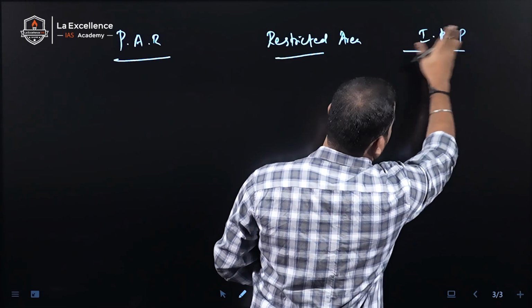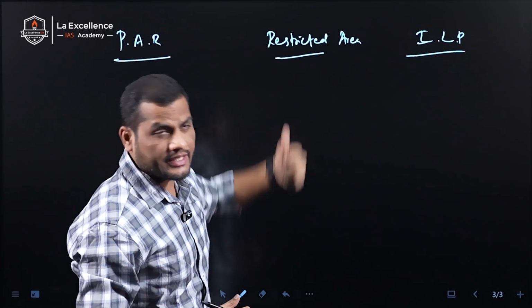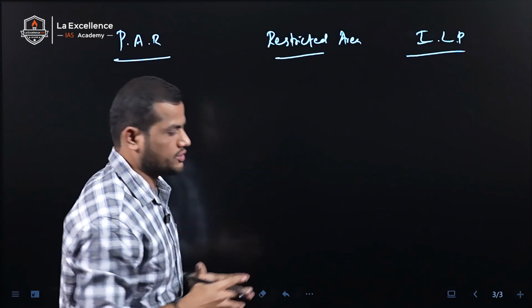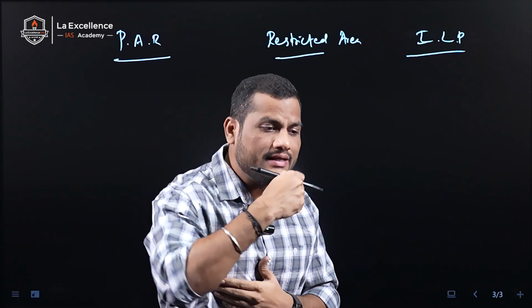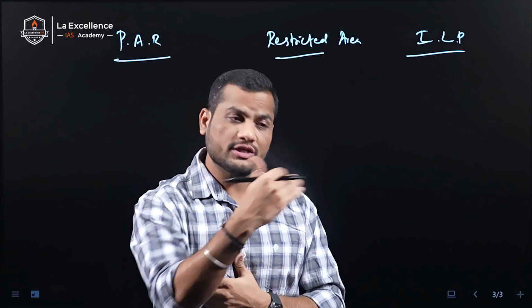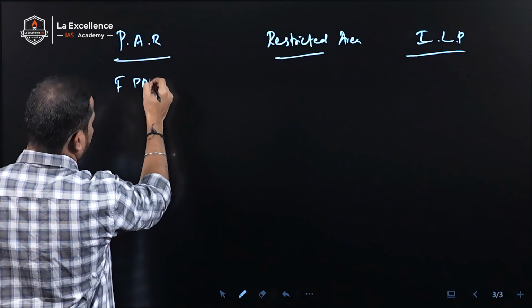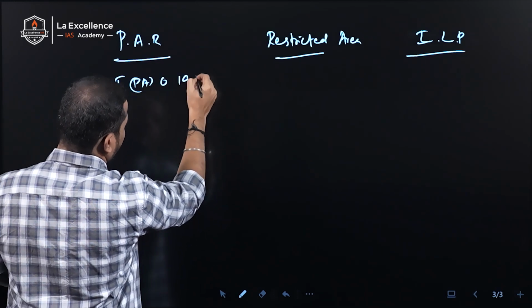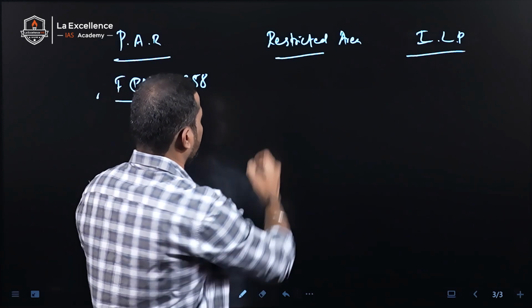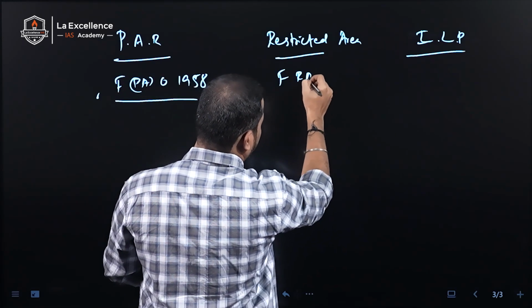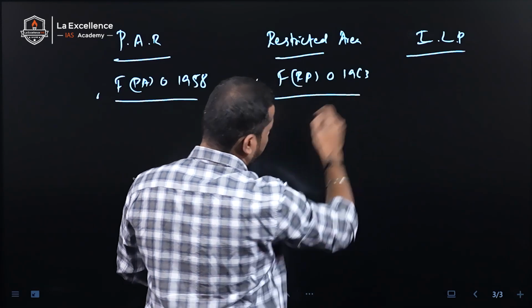The protected area regime and restricted area both are enforced through the Foreigners Act of 1946, but different orders were issued: the Foreigners Protected Area orders of 1958 for protected area regime, and the Foreigners Restricted Area orders of 1963 for restricted area.